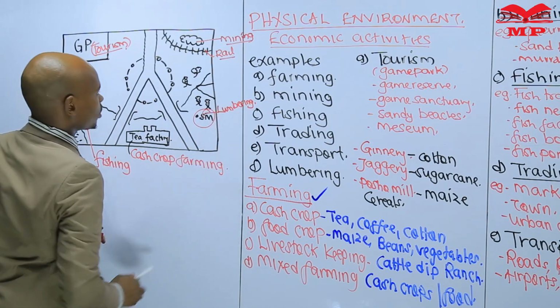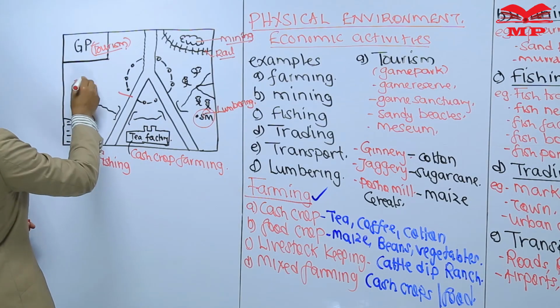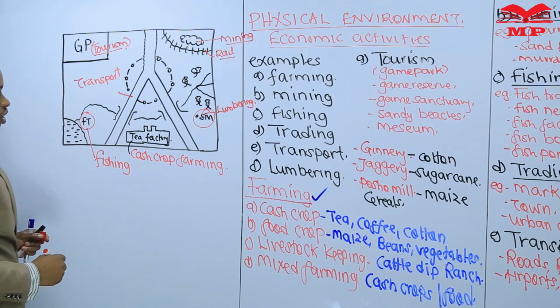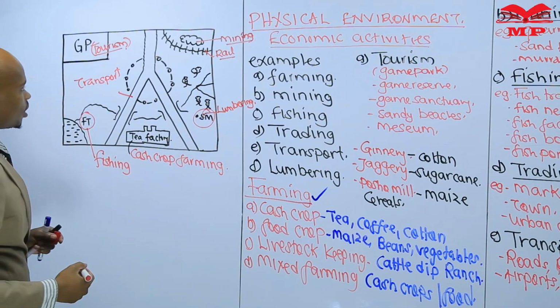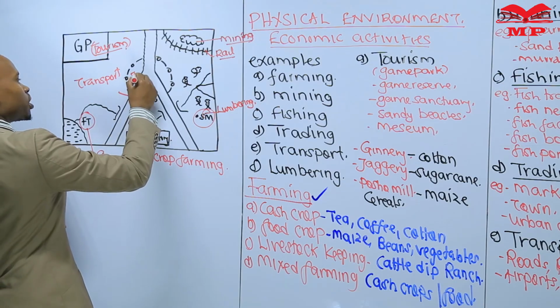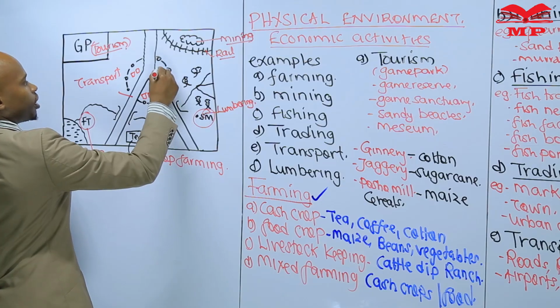Sawmill, there is lumbering. Quarry, there is mining. Road, there is of course transport. There is a town here. And inside the town, in most cases, you'll see permanent buildings.